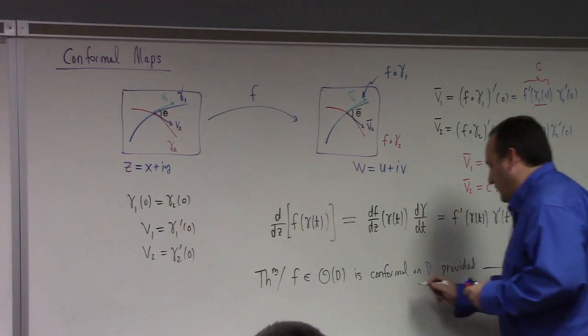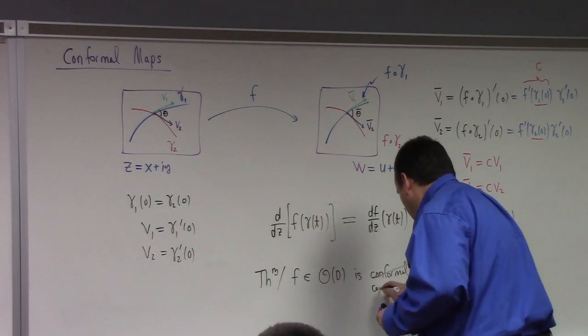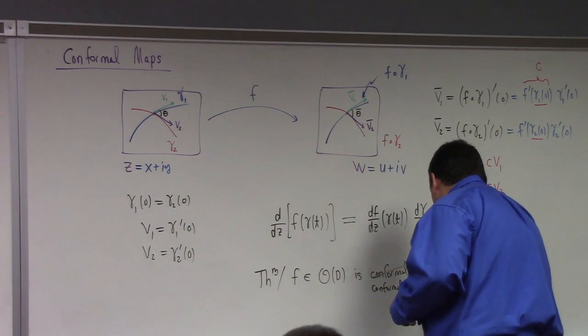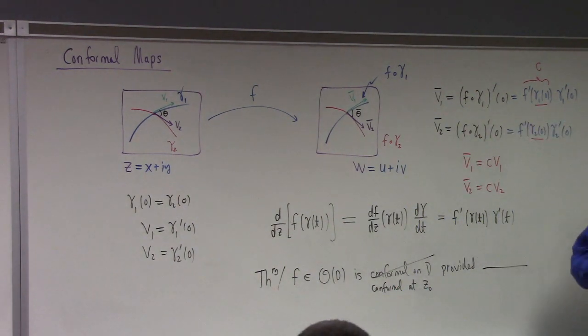Or maybe instead of conformal on D, let's say conformal at z naught. Because conformality is really a local property. It is concerning vectors that are based at a particular point and what happens to those vectors as they're mapped from the domain to the range, right? So provided what?